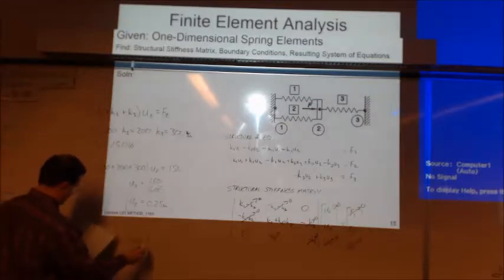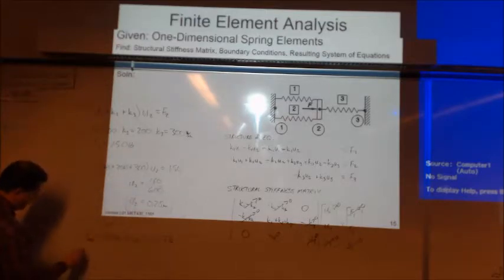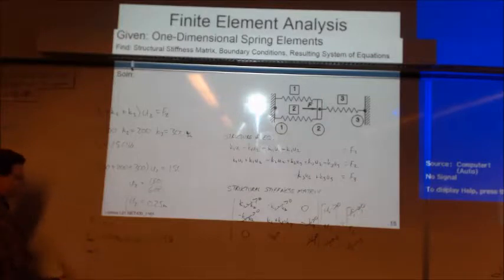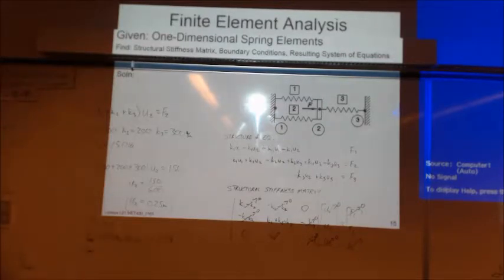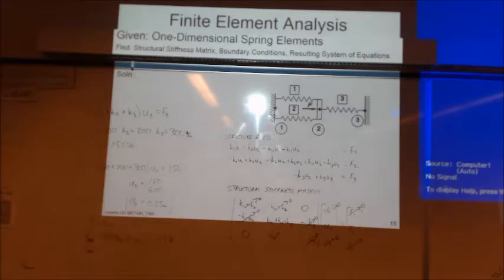So 25 pounds, right? Then the force in spring 2, and on it goes, because we only have the one deflection. That doesn't look very much like a 5. Okay, so that'll give us the force in each one of the springs.